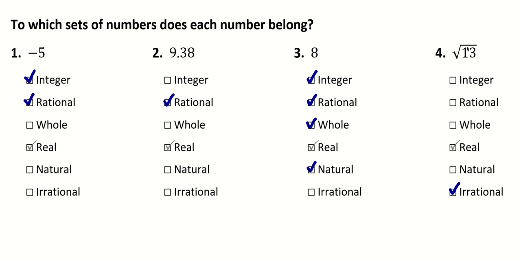And then rational, I hit the microphone there if you didn't hear. Rational, that's any number that can be written as a fraction. In other words, if it has a decimal that ends at some point, like this one, or technically never even gets started, like this, or 8, you could call this 8.0, you call this -5.0.